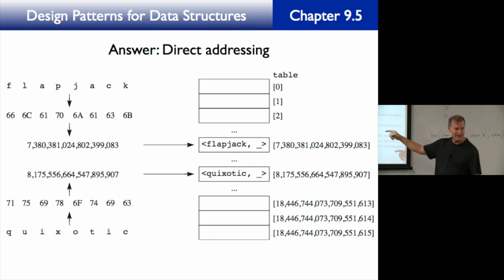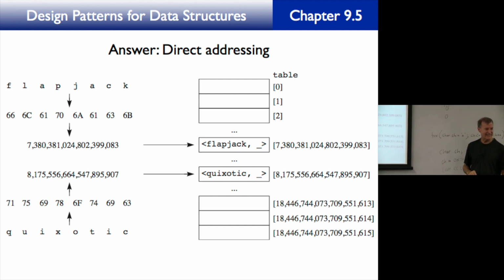You have 8 of them, and 8 times 8 is 64. So it's a 64-bit number. If you convert that number into decimal, it's 7 septillion, 308, and so on. Then you go to table sub 7380381024222, and boom, there you put it.